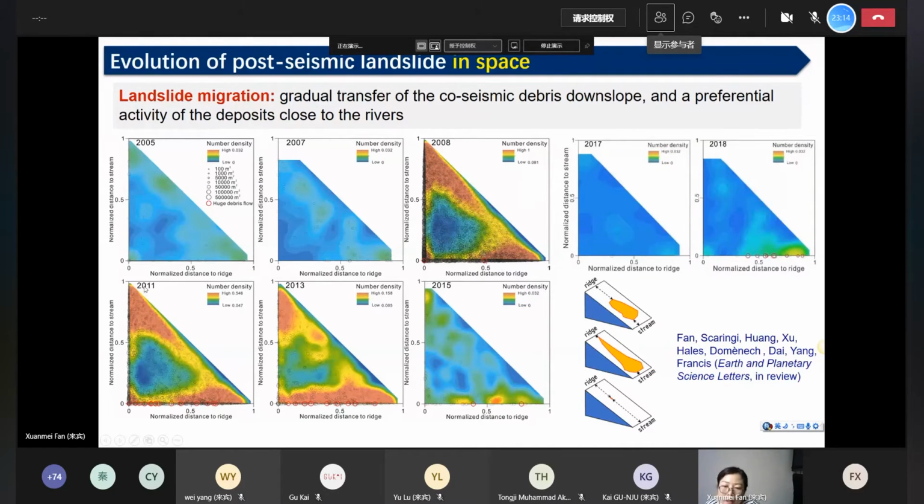And 2011 and 2013 pretty much followed the co-seismic stage distribution pattern. But afterwards, in 2015, 17, and 18, they again become more or less similar to the pre-earthquake situation.